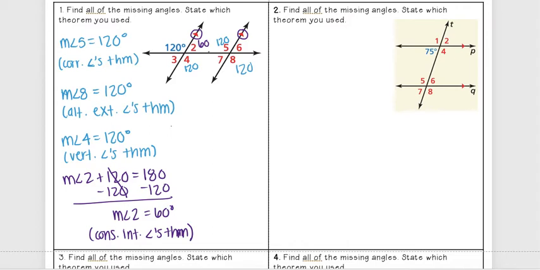Well, and then I know that alternate interior angles are congruent, so that means that measure of angle 7 is equal to 60. And then 7 and 6, those are vertical angles, so angle 6 is equal to 60.